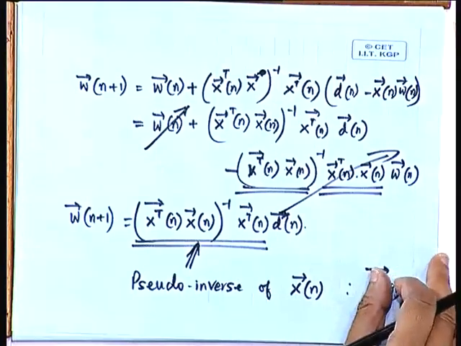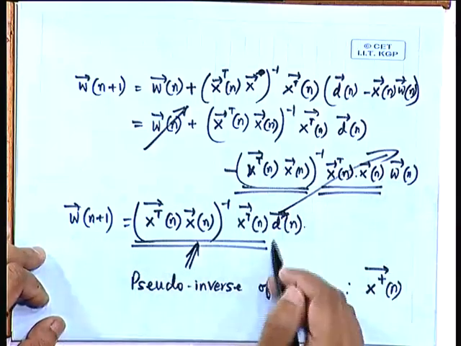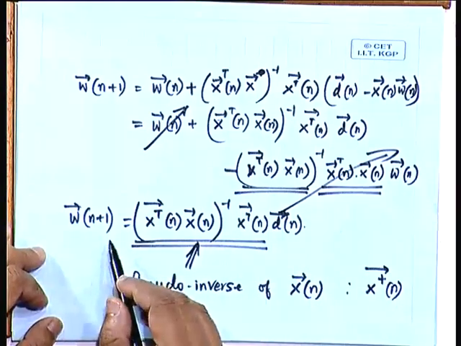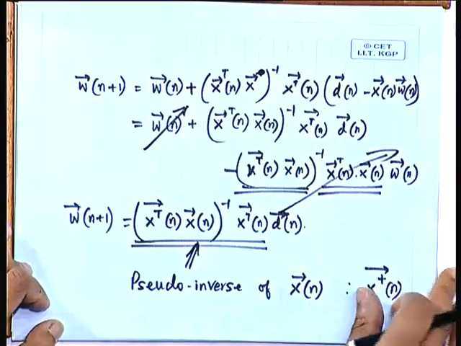So, that is why here we are going to get the solution as W n plus 1 equal to X plus n, which is the pseudo inverse of X n, times d n, right.